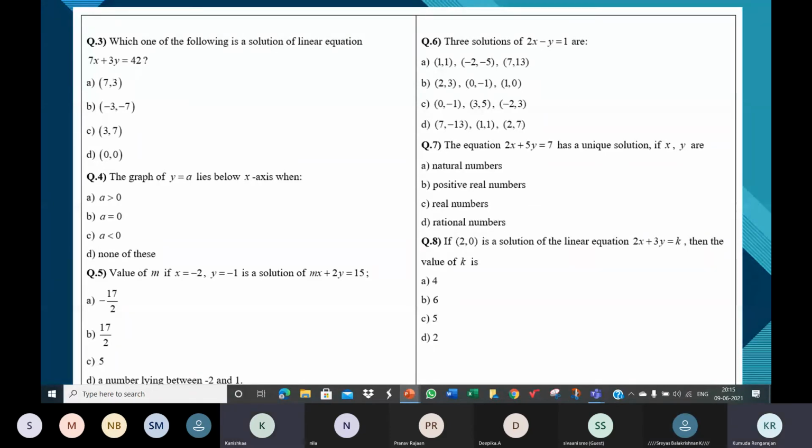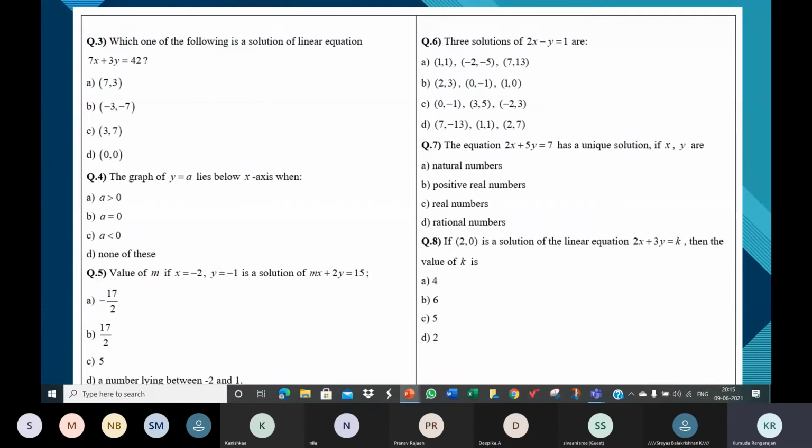Ma'am, x is equal to 7 minus 5y by 2, ma'am. Okay, 7 minus 5y by 2. Now, in place of y, you put 1. What are you getting? When y is 1, what is x? Now I'll tell you why I took 1 and not 0, because it's given x and y are natural numbers, right?